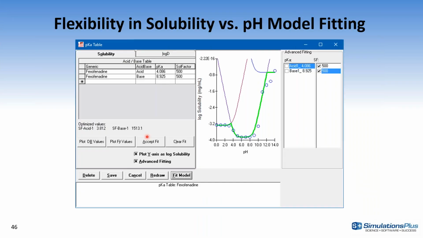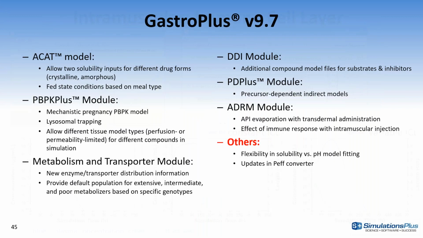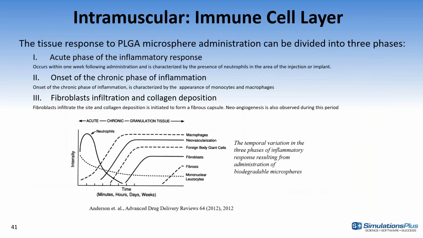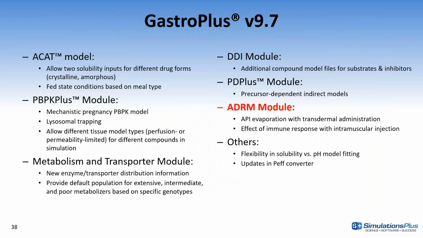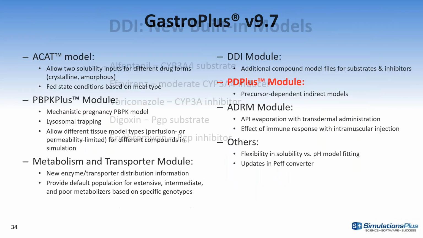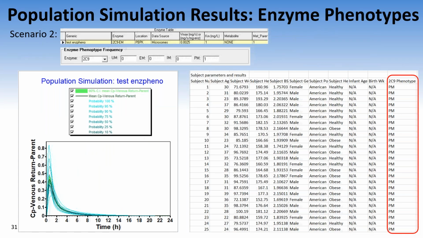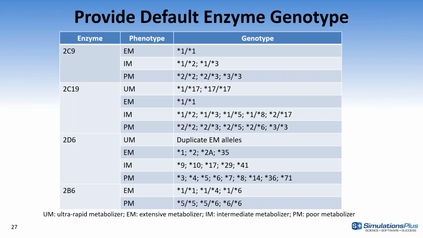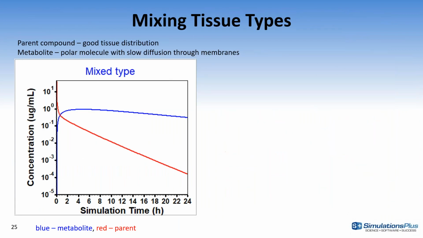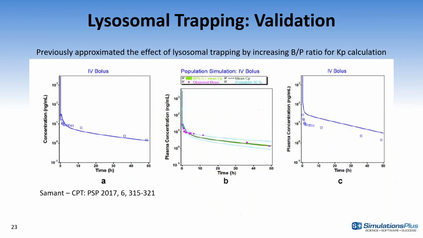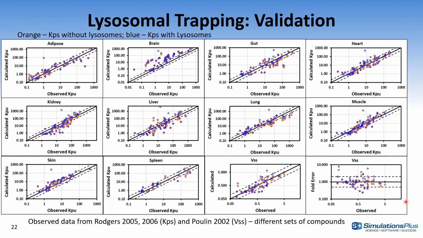It's just the way it was displayed, because I lumped all of the different compounds. So for some compounds, it didn't actually make it better, and it made the plot look bad. It does improve it for the compounds where the lysosomal trapping is a significant effect, things like strong lipophilic bases.